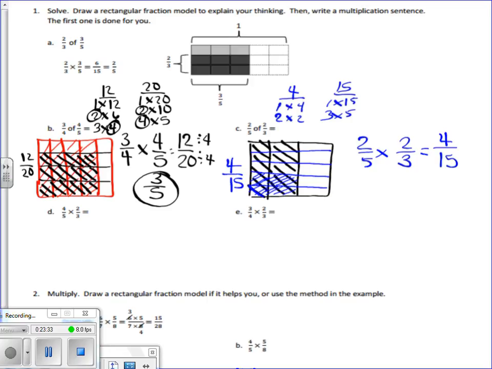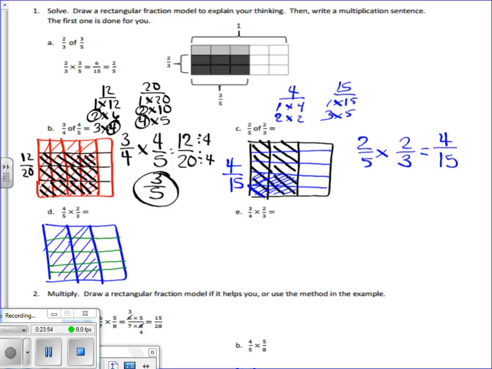4/5 of 2/3. 1, 2, 3. 2/3, shading in 2. 4/5: 1, 2, 3, 4.